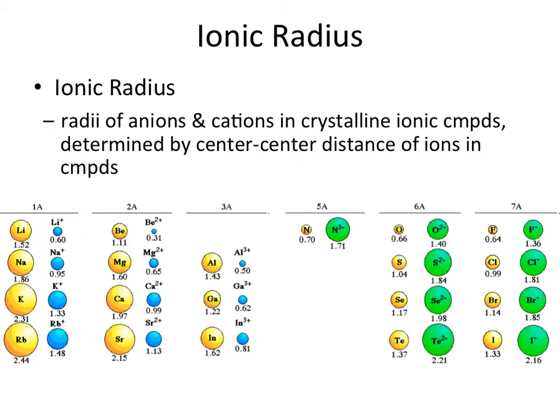So the ionic radius, or this size, is calculated from the radii of anions and cations that are found within crystalline ionic compounds. It's figured out in a very similar way to what we indicated with the atomic radii. But obviously it's not done with the same type of element. So it's not an iron or nitrogen bond that we're looking at.